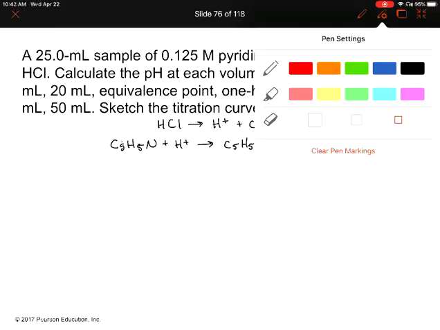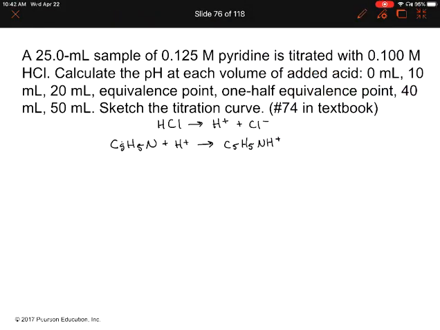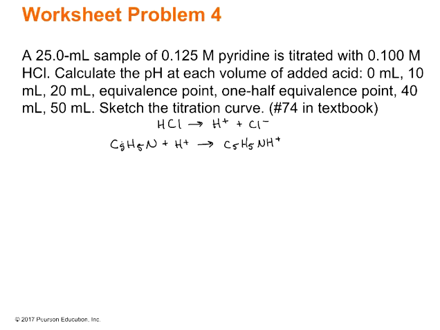So let's calculate how many moles we have of each. So we'll calculate moles of pyridine. So we're starting with a 25 ml sample, and we'll convert that to liters. And then we have a 0.125 molar solution.